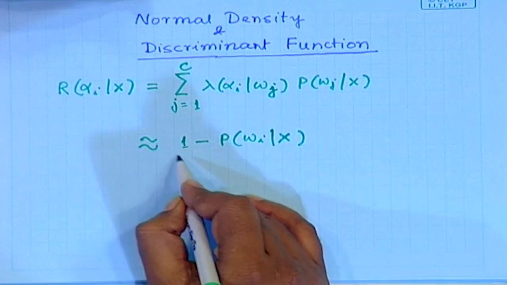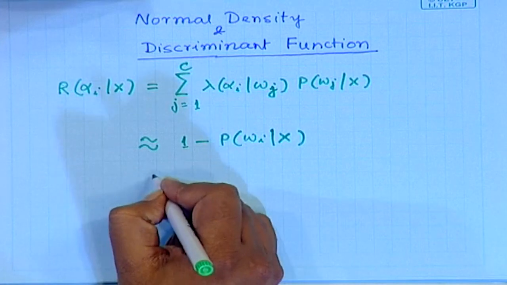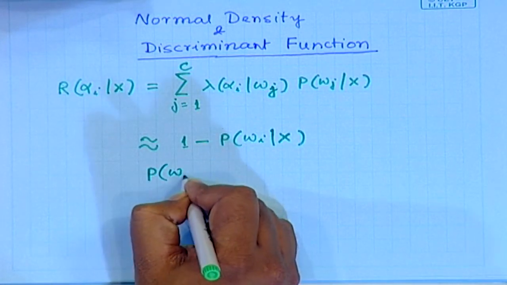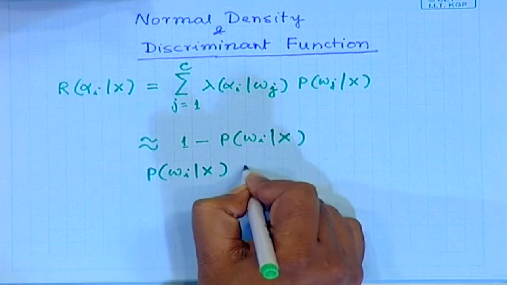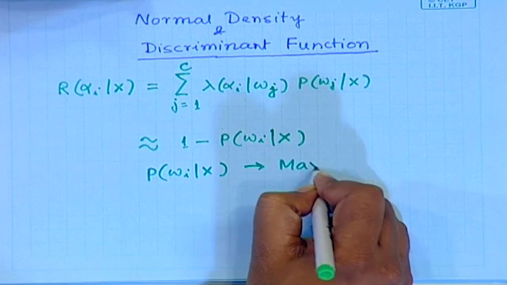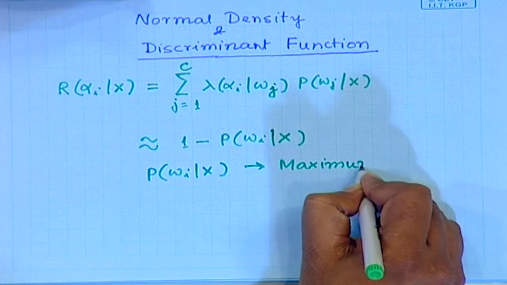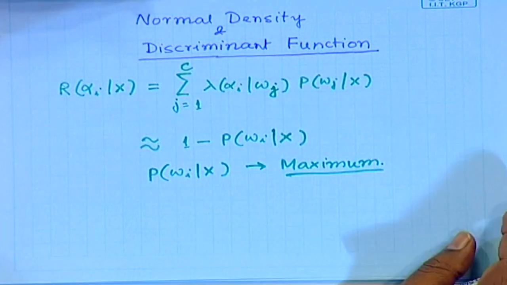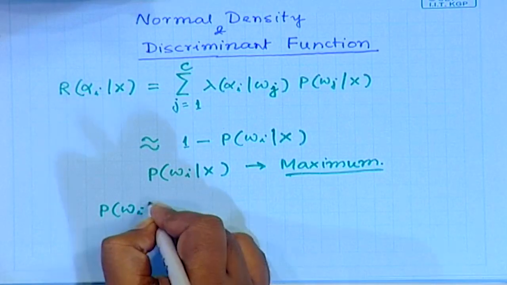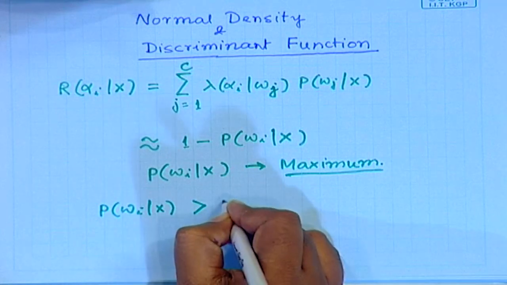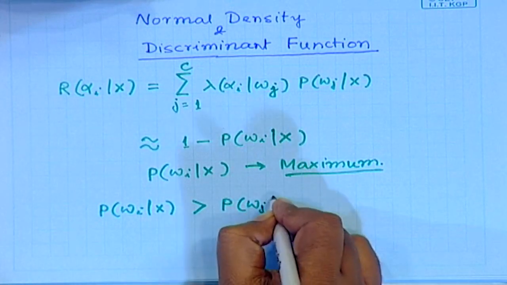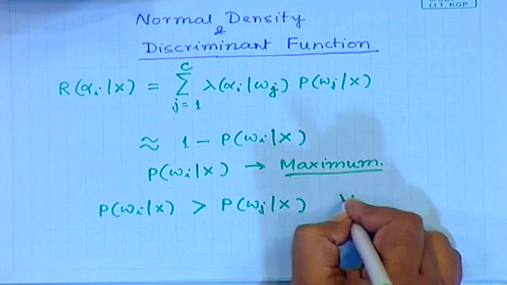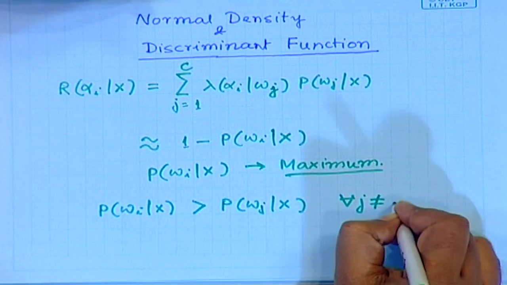And as this has to be minimum, correspondingly this probability p of omega i given x has to be maximum. So, this is nothing but the basic classification rule that we discussed when I started talking about Bayes decision theory: if p of omega i given x is greater than p of omega j given x for all j not equal to i.